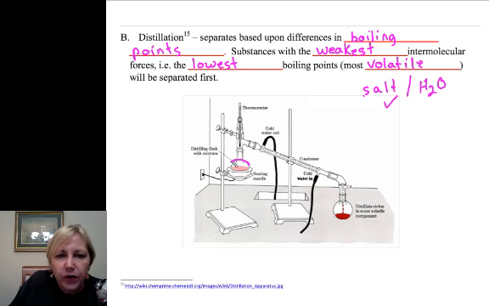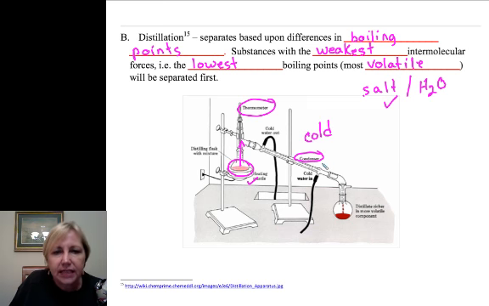So what's done is you have your mixture here, and you heat it somehow. You'll see pictures with a Bunsen burner, but this is often done with flammable substances, so I chose to show one with a heating mantle. You will heat it, and the most volatile ones will start to vaporize. You have a thermometer here so you can measure that boiling point. Now this is a condenser. It has cold water that's going to quickly decrease the temperature and cause the intermolecular forces to reform.